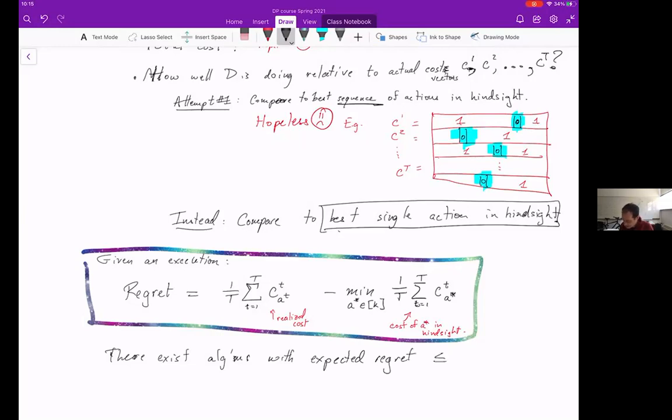In fact, specifically at most 2 square root of log k over T, for every adversary. Okay, so we're going to pause, take a break, and come back, and then we're going to see how we design such an algorithm.